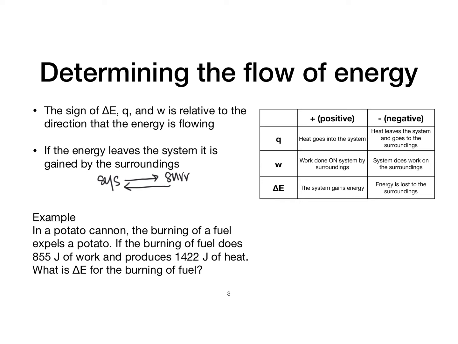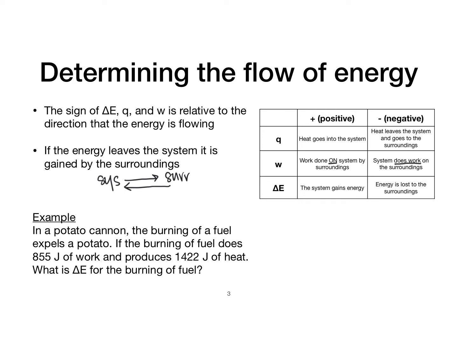For work done on the system by the surroundings, work is going into the system, so it'll be positive. If the system does work, the work is leaving, so it's negative. For delta E, if the system gains energy, it's positive. And when energy is lost from the system, it is negative.